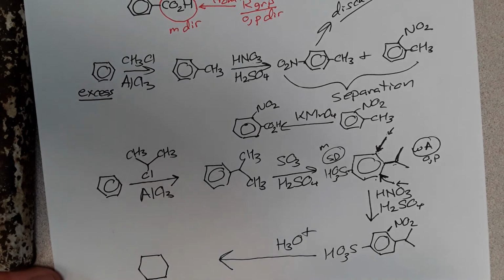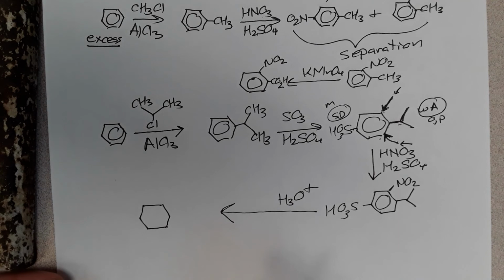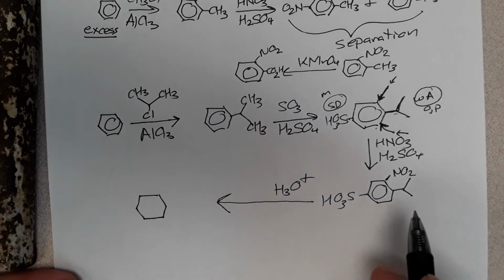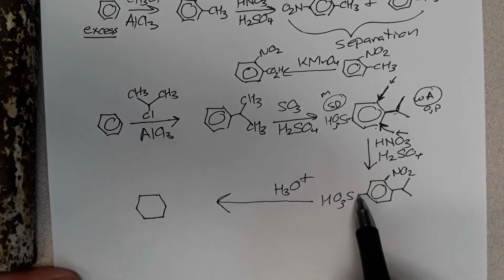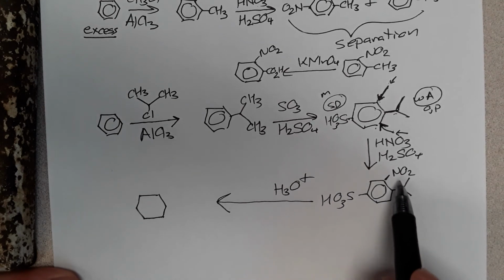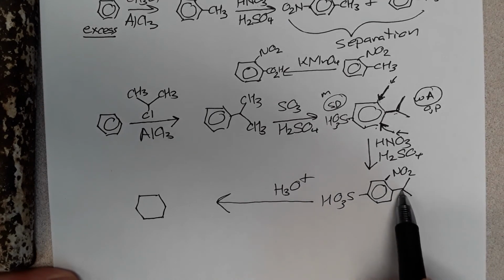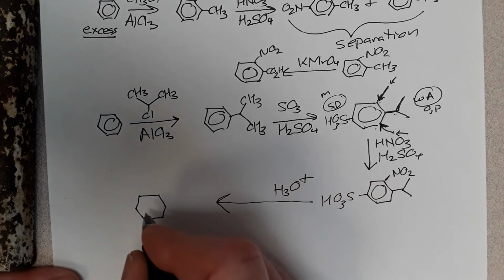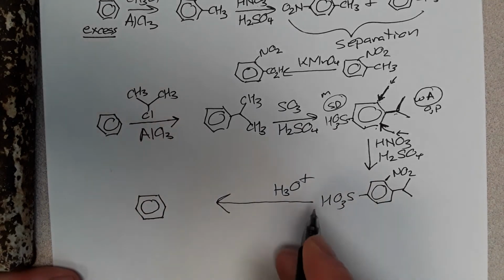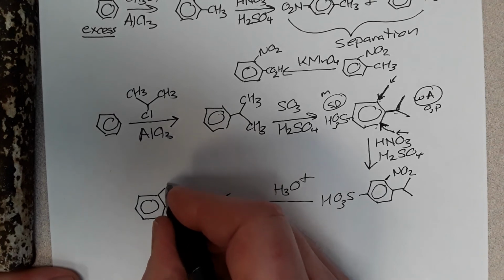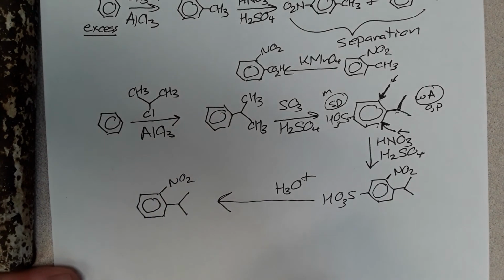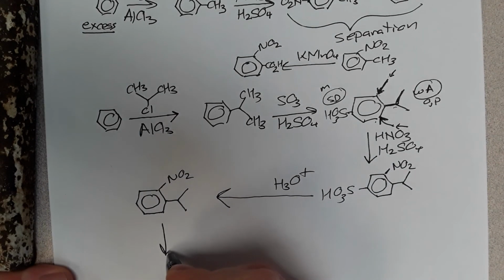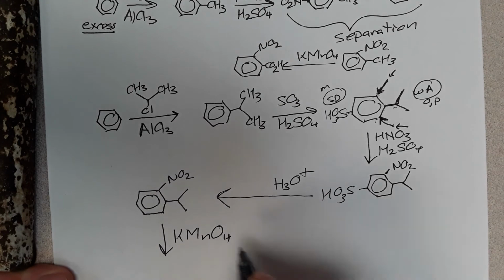I think I just misspoke. We added a blocking group on here, so the nitro would add to the ortho position. Now let's take the blocking group off by adding H3O+, and we have a nitro group here, and we have our bulky isopropyl group there, so we're not quite to the final product yet. We have to add permanganate.